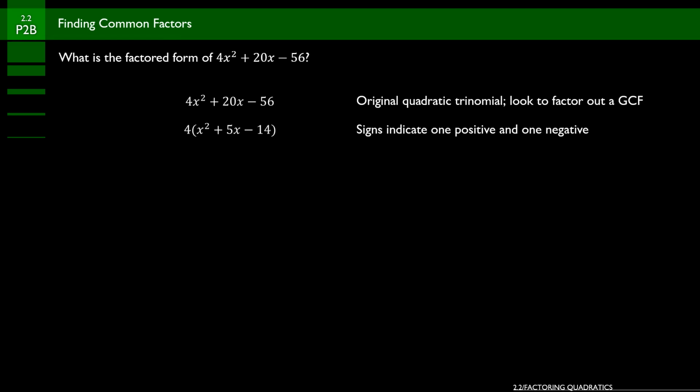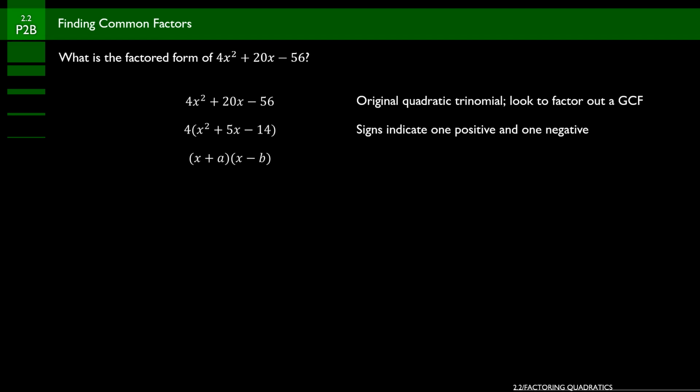At this point, we do our normal factoring, which is going to be looking at that second sign. It's a negative, so that means we're going to have two different signs inside of our parentheses. Then we look at the sign in front of the bx term, which is positive, so that tells us that the larger number in the factor pairs is going to be positive. And then we do our factor pairs.